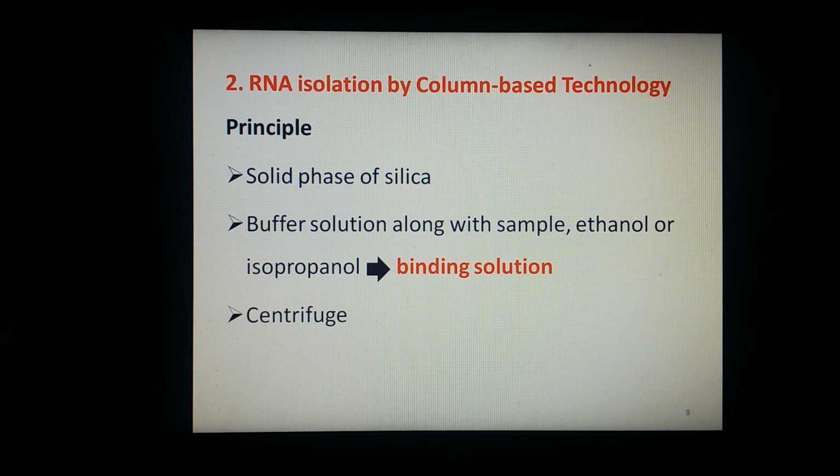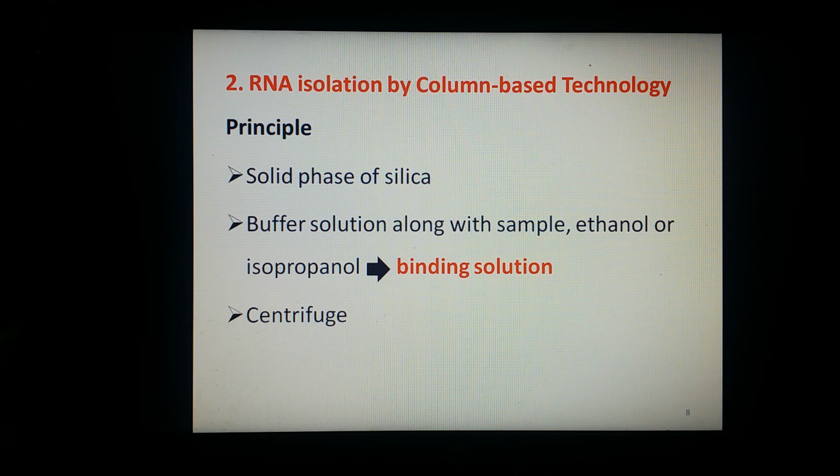So the composition of the binding solution is the buffer solution plus sample plus ethanol or isopropanol. This binding solution is transferred to the spin column, and the column is kept in the centrifuge.